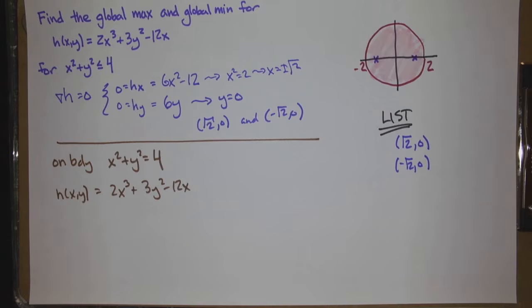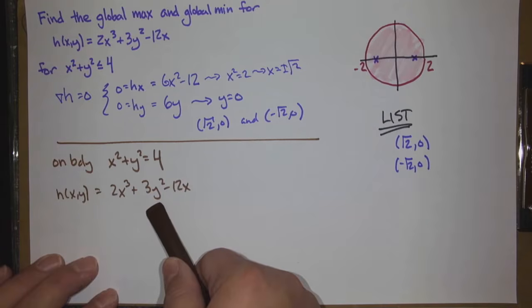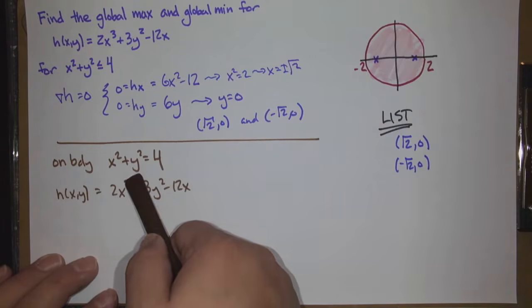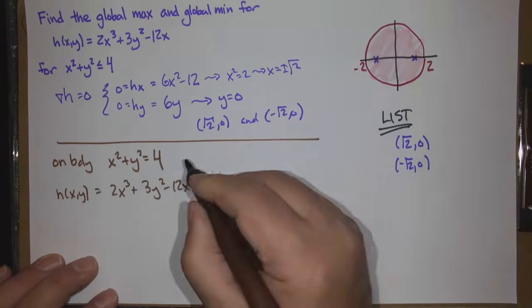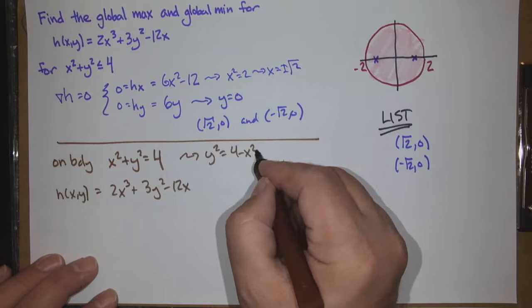Can we use the fact that we're on our boundary to get down to one variable? And how do we do it? Sorry, what? Make it the variable r. Well, not make the variable r, but the word substitution is going to come into play here. Notice that there's only a single y, and it shows up as a y squared. So on our boundary, y squared is 4 minus x squared.